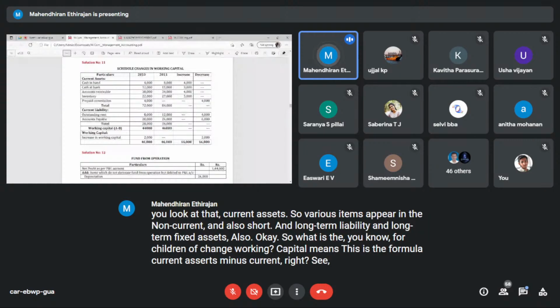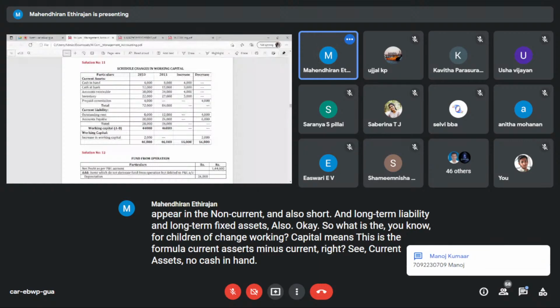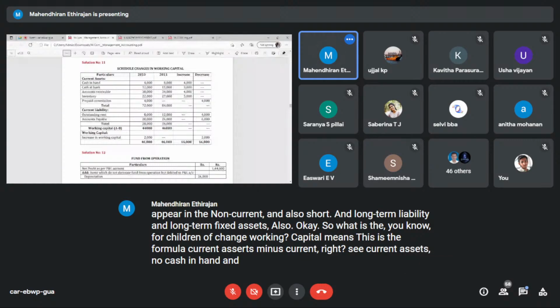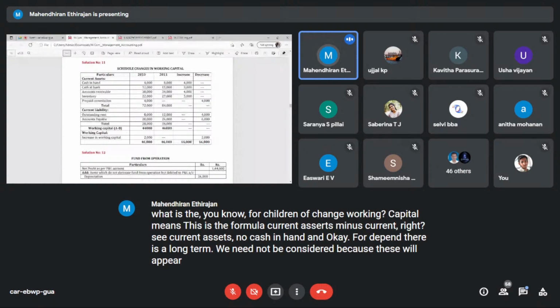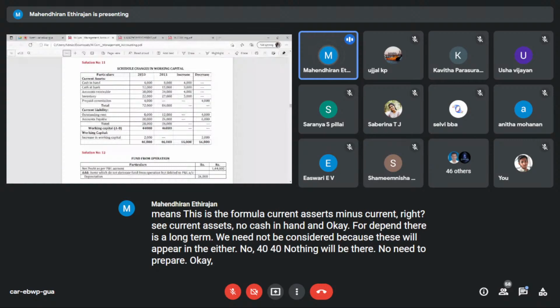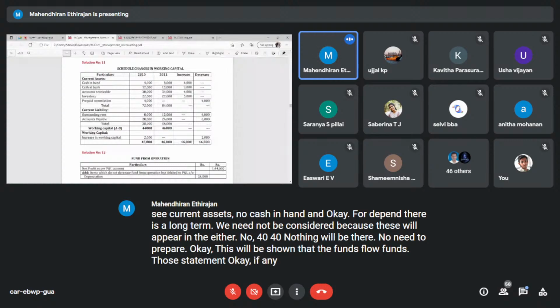See, current assets: cash in hand, cash at bank. Debenture is long term, so we need not consider it; it will appear in the funds flow statement, and there is nothing to prepare for it.